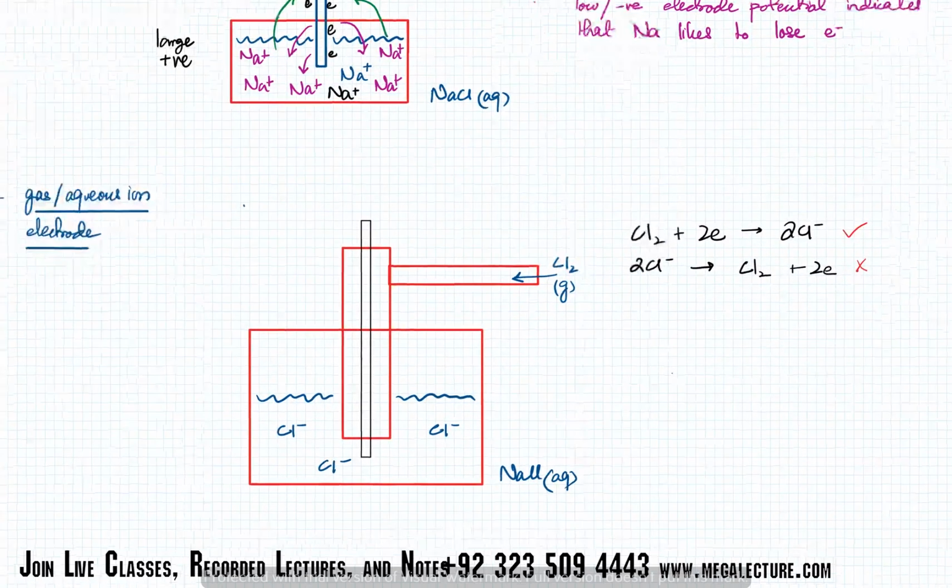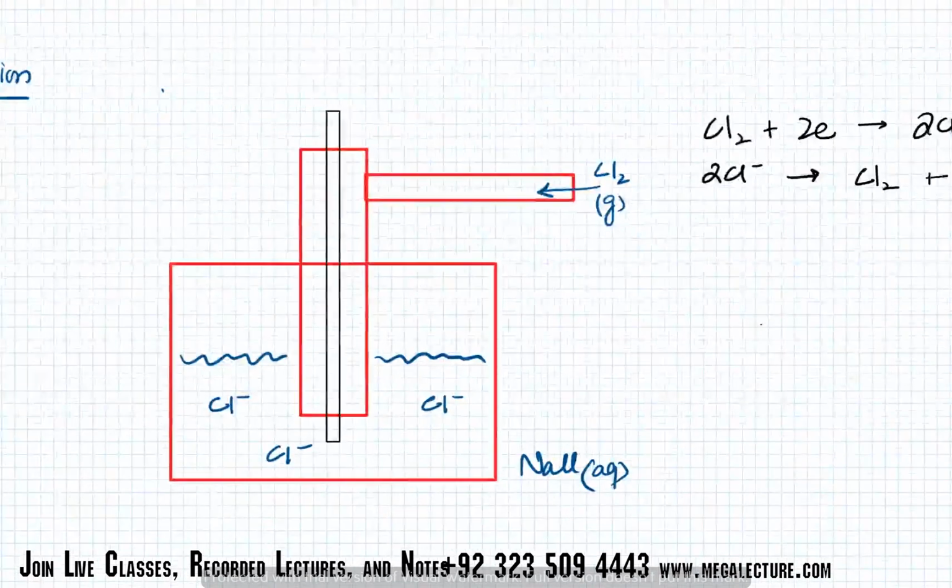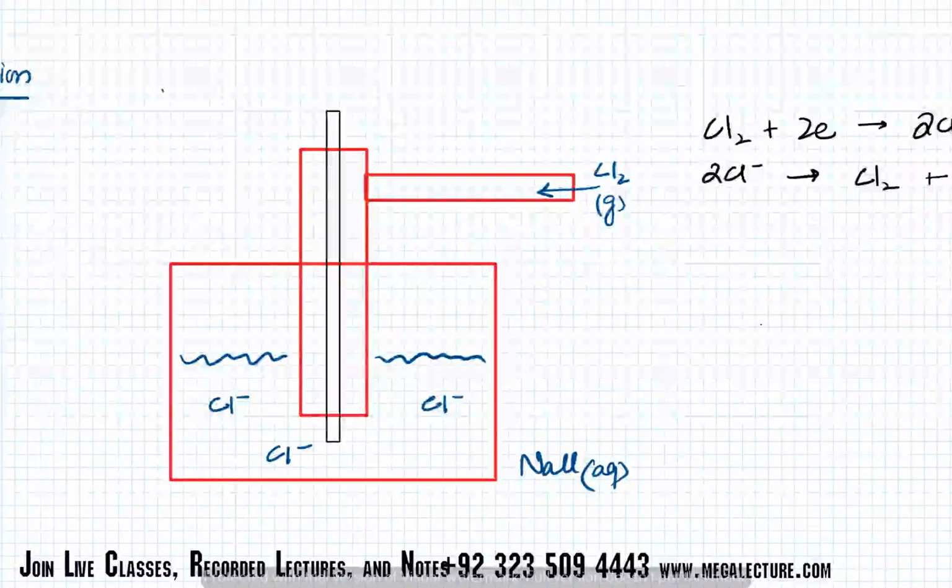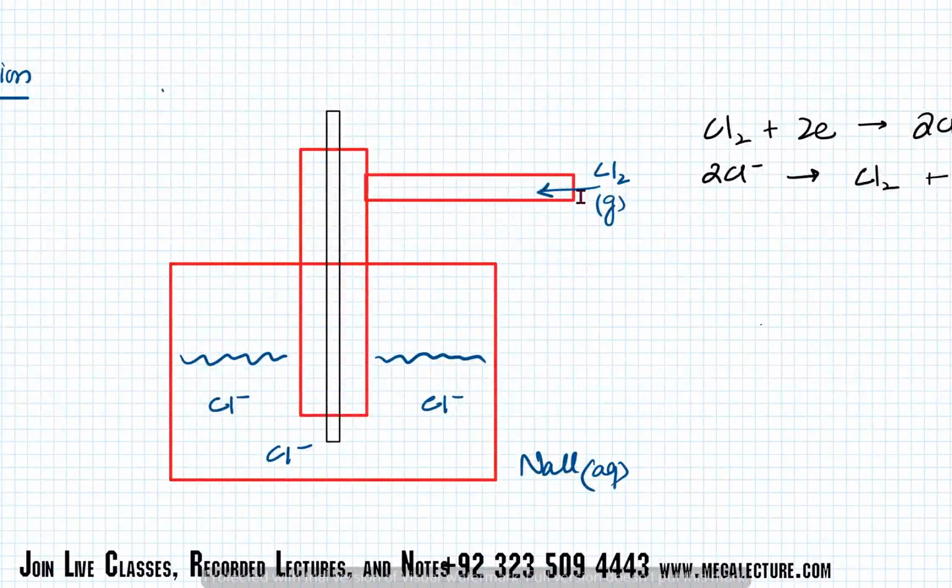I know that Cl2 wants to gain electrons, right? But who's going to give it electrons? There's no delocalized metallic electron cloud. If it wants to form Cl-, where would it get those electrons?